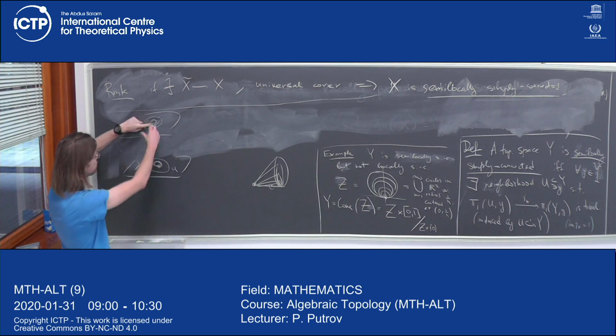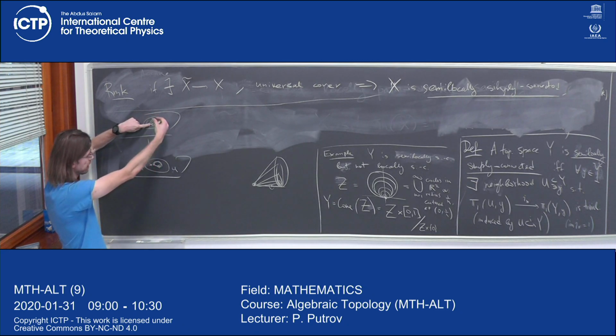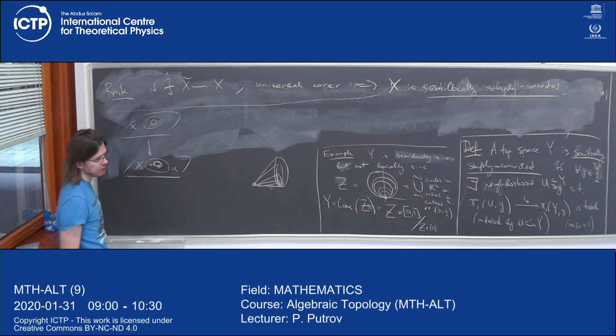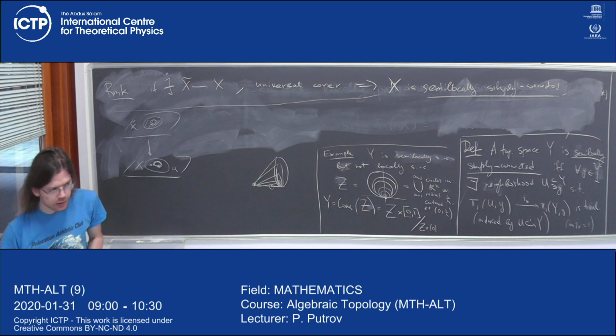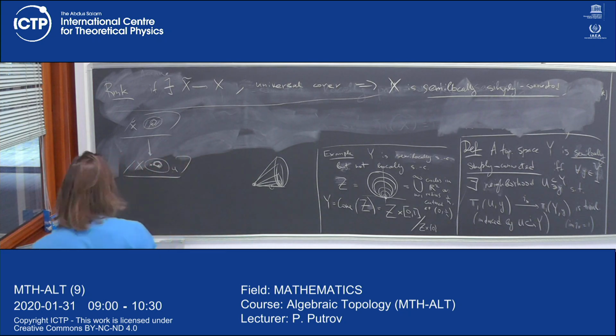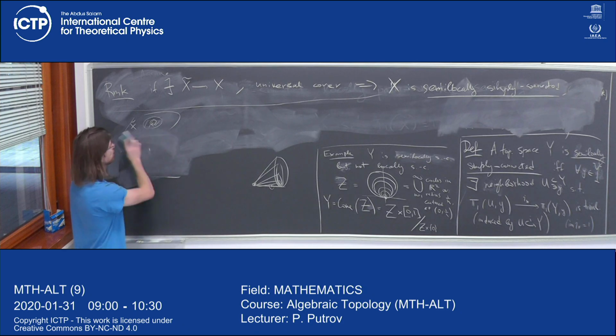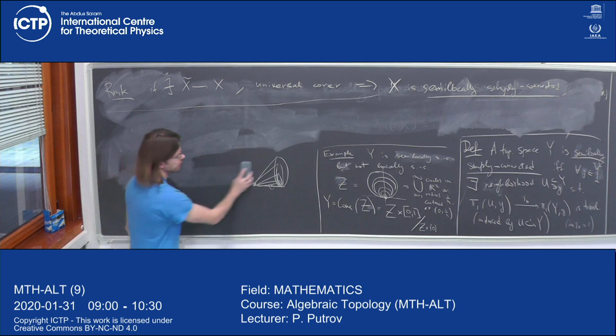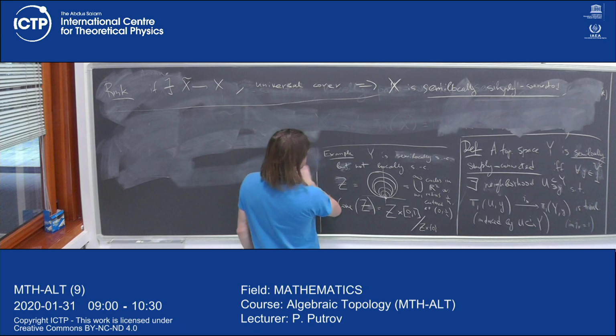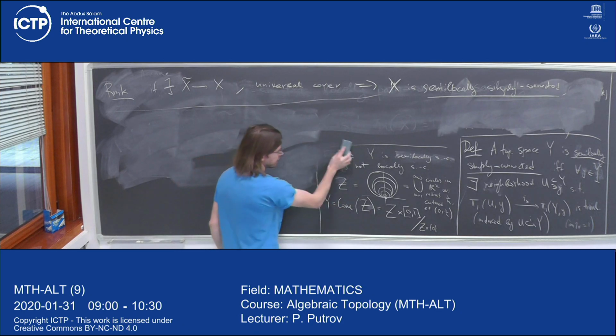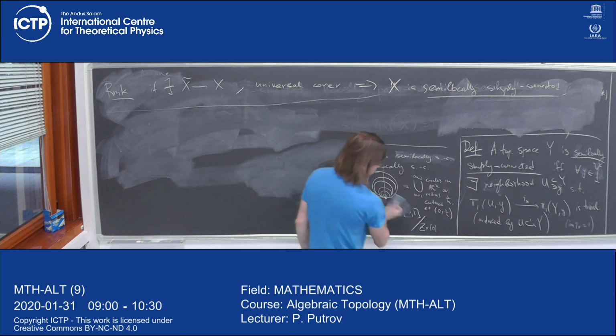Then I just use the composition of this homotopy which contracts this loop with this projection to contract the loop downstairs. So this will give me a contradiction. Anyway, this is just a small remark.